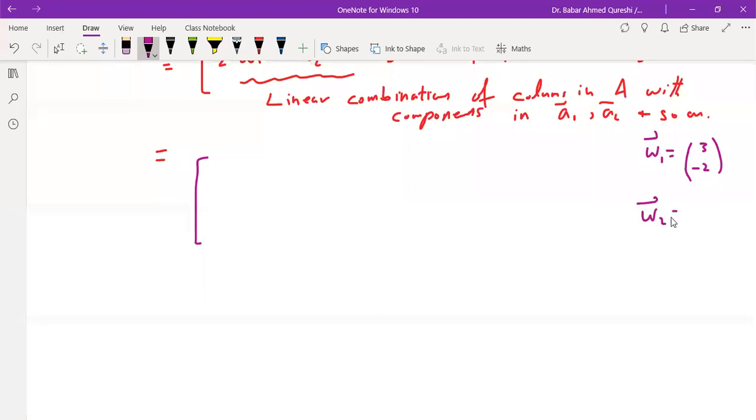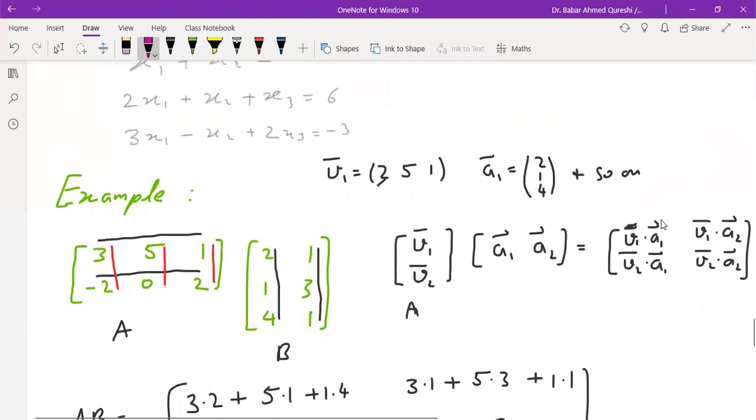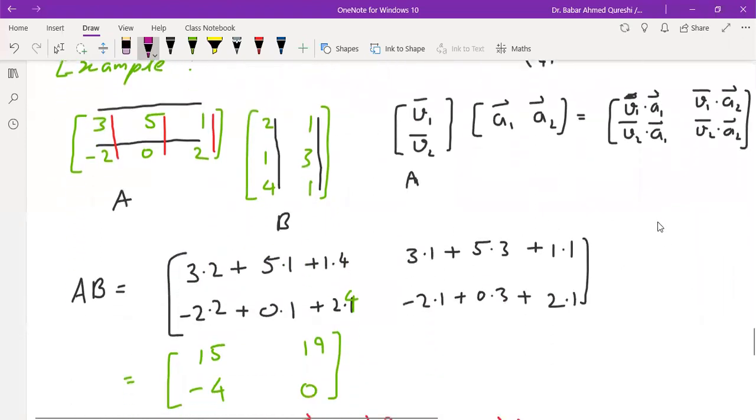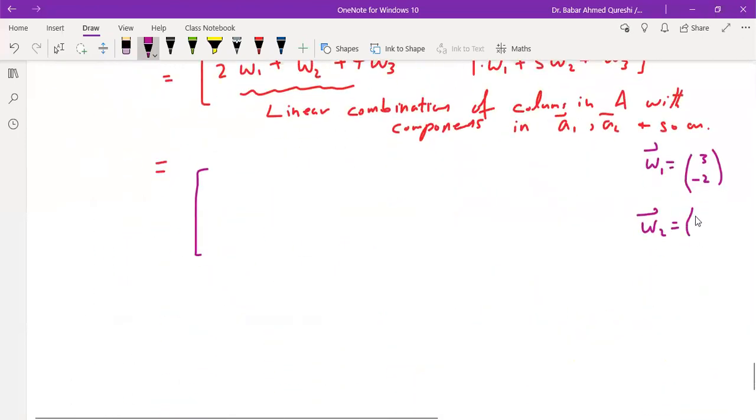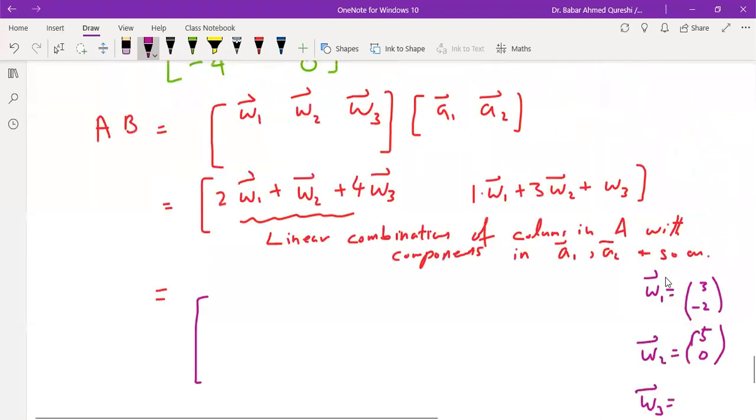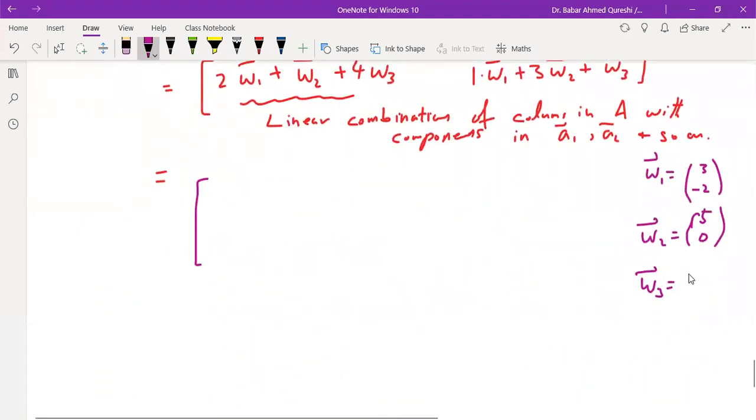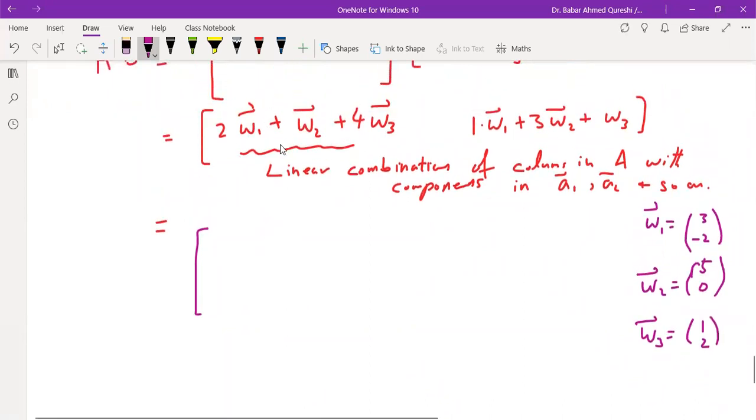W2 is 5, 0. And W3 is 1, 2. So when I make these linear combinations, let me do it one by one just to make it clear.